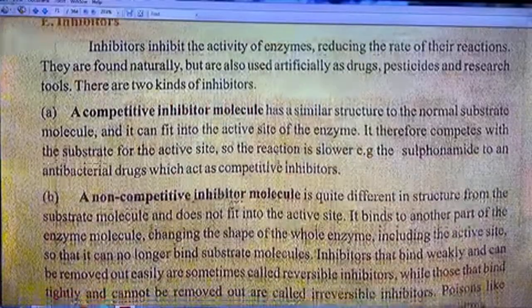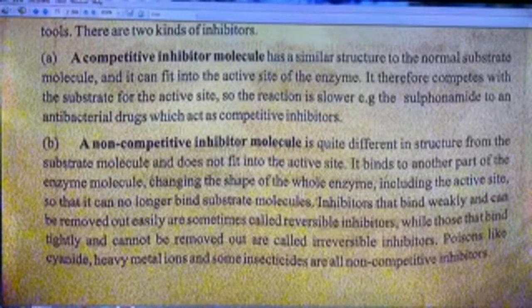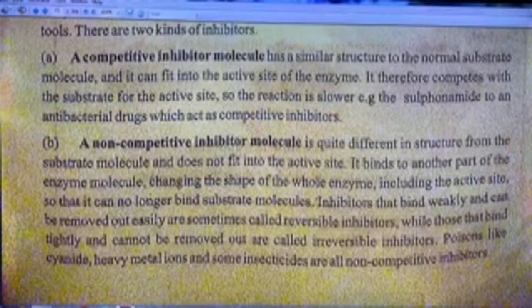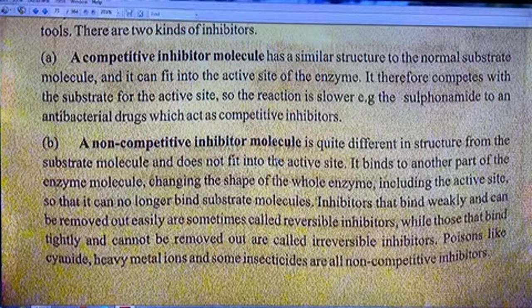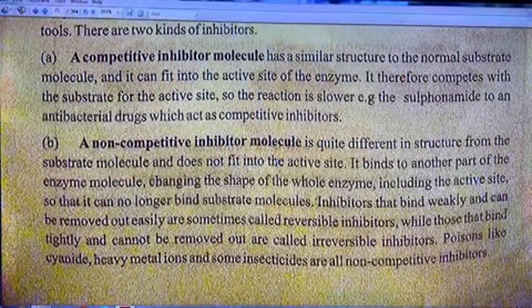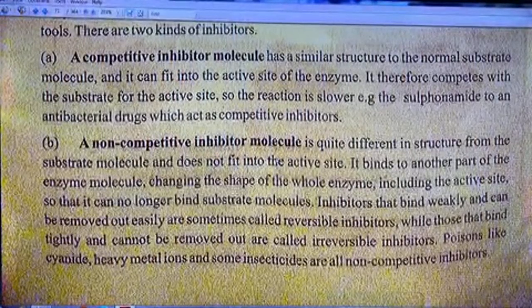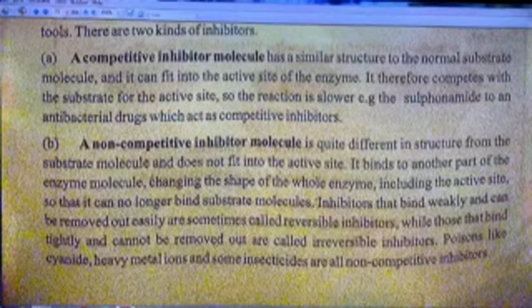A competitive inhibitor molecule has a similar structure to the normal substrate molecule, and it can fit into the active site of the enzyme and therefore compete with the substrate for the active site. So the reaction is slower. For example, sulfonamides are antibiotic drugs which act as competitive inhibitors.